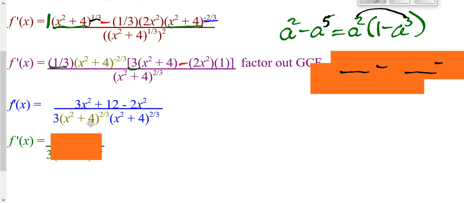So we have an x squared plus 4 to a power times an x squared plus 4. So all we have to do is add our exponents, and we just get this. Notice on top, your 3x squared minus your 2x squared is just your normal x squared. So that's our derivative there. Cool, we're done.